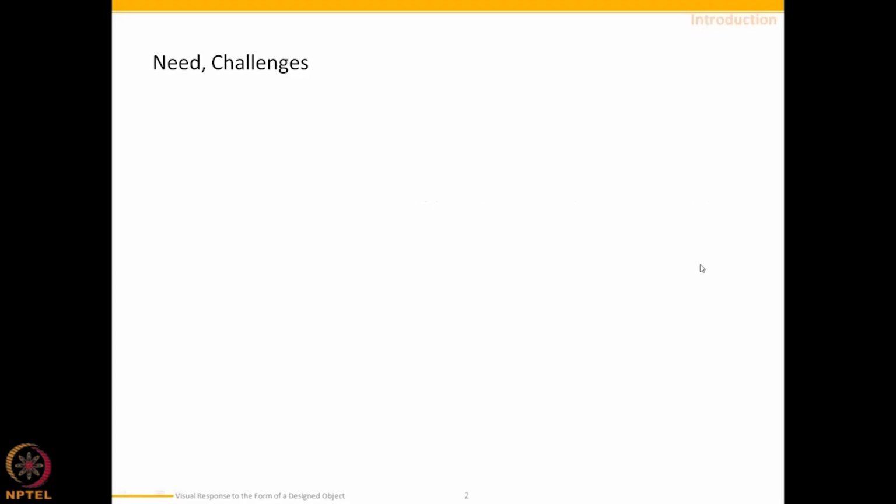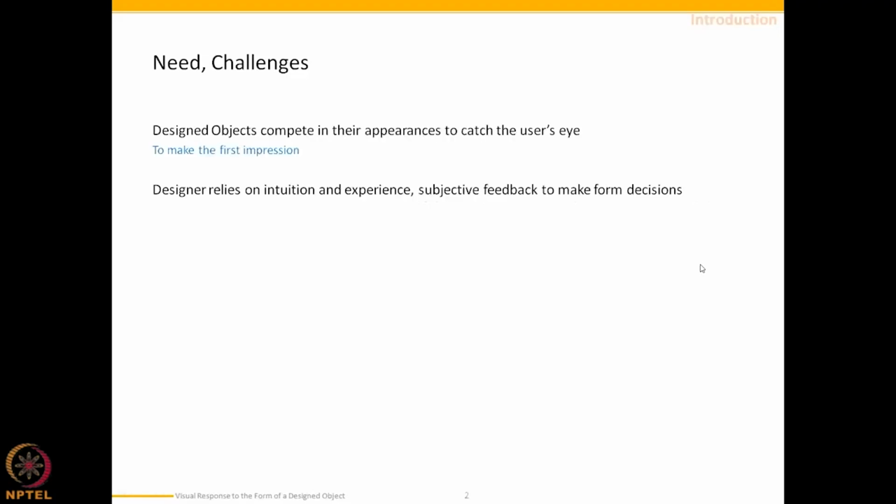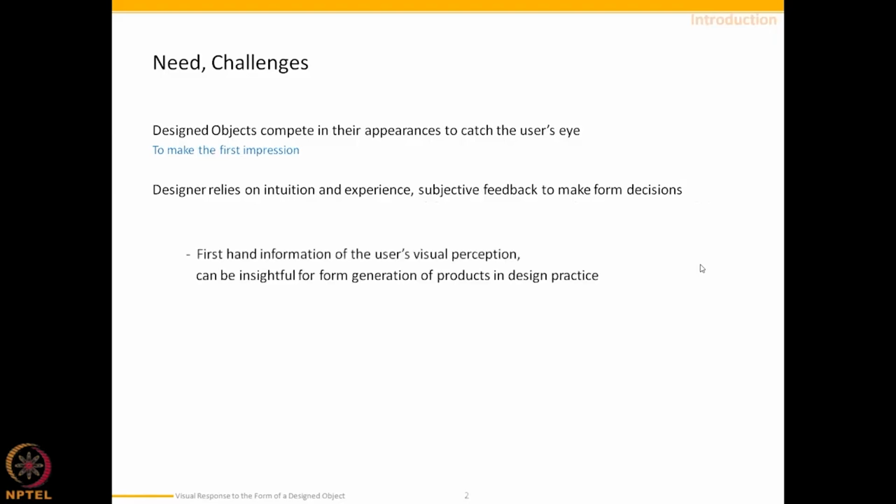First, when we talk about visual perception of form, we can definitely say that when we look at designed objects, they compete with each other on a shelf to catch users' eye. Hame dekho, hame lo, hame use karo, right? And when a designer is designing, they rely on intuition and experience.